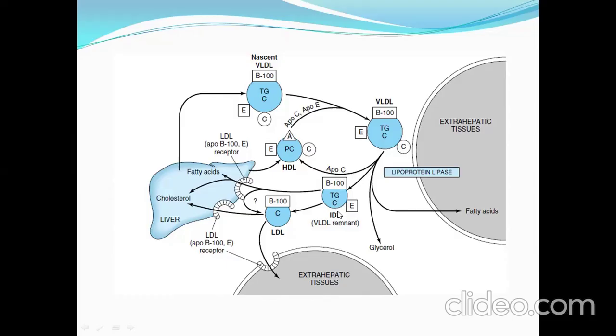So if I talk about the functions of IDL, IDL is going to form from VLDL, and you'll get it in muscles and adipose tissue, and it is involved in the transport of cholesterol, both from the liver to the peripheral tissue, and from the peripheral tissue again back to the liver.